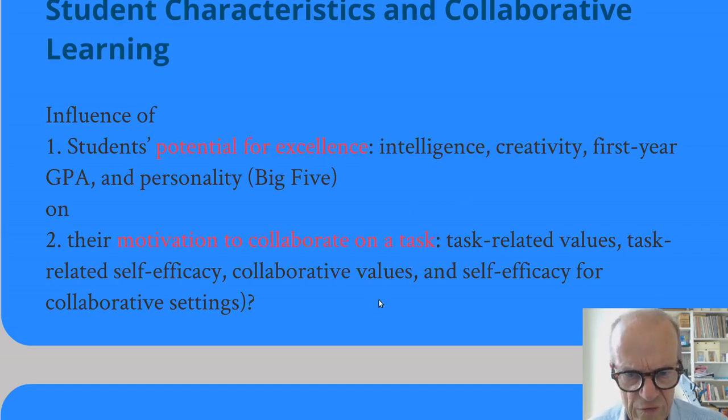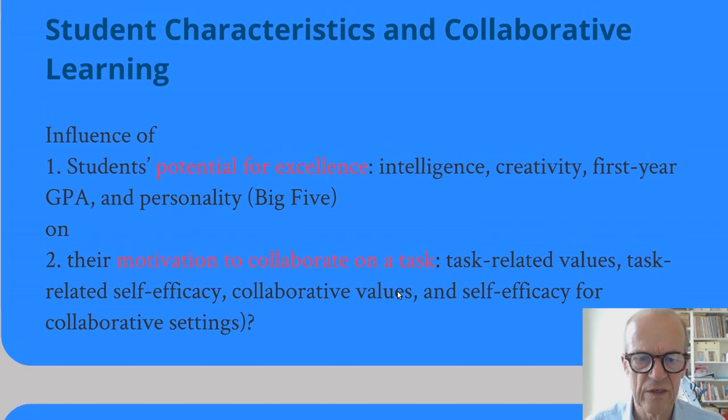Whether students valued the collaboration part of the task, and again, whether they were positive about their chances to perform well in such a collaborative setting. So it was the task and the collaboration part of the task which were measured separately, both the intrinsic part and the self-efficacy part of a student's motivation. So we have quite a complex model.